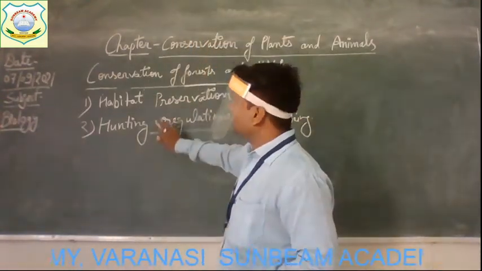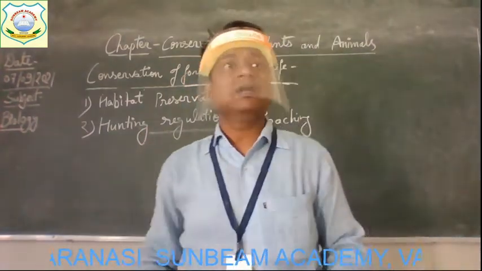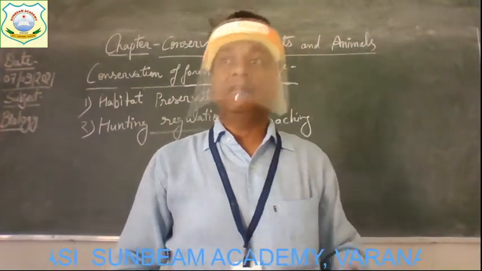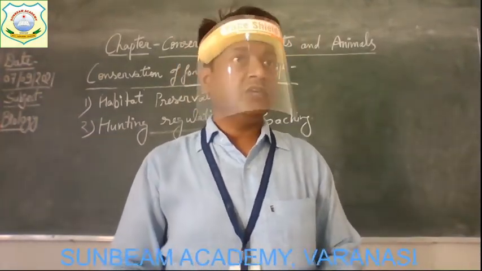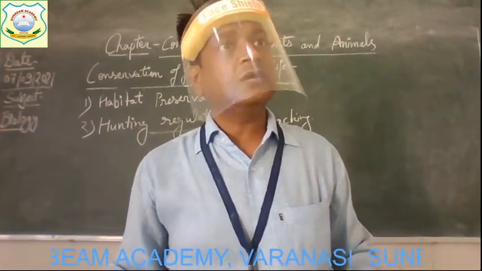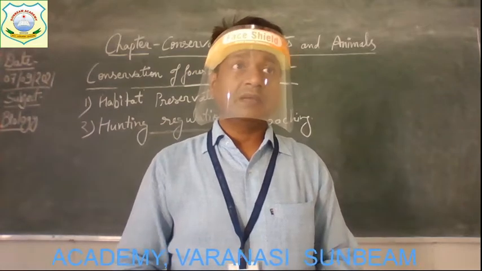So this one is the conservation of forest and wildlife. Different methods are given here, different steps are suggested. If we adopt them, if we use them, what can happen? Our forest will be conserved and our wildlife will also be conserved. Clear?